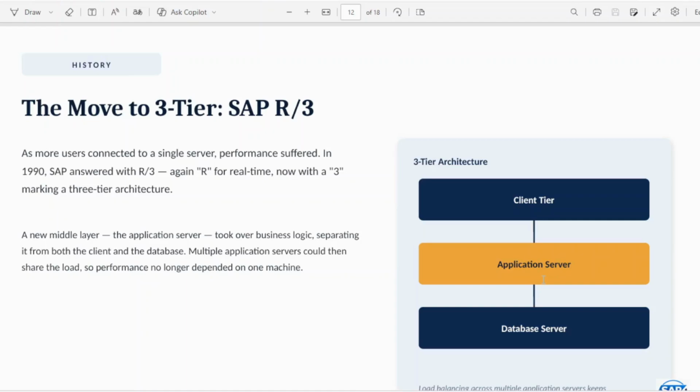Because of this, companies could use multiple application servers together, sharing the workload. This means that even with a huge number of users, the system performance stayed smooth and stable. So the application layer is maintaining all the requests coming from the front end.